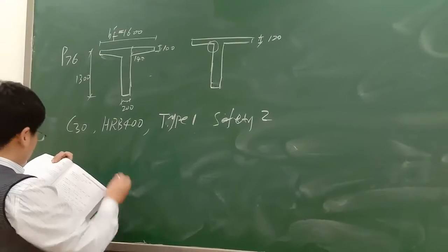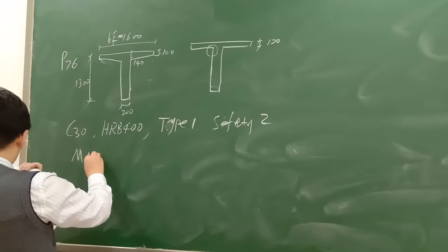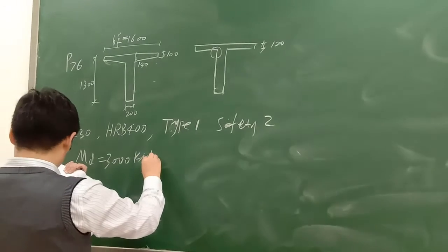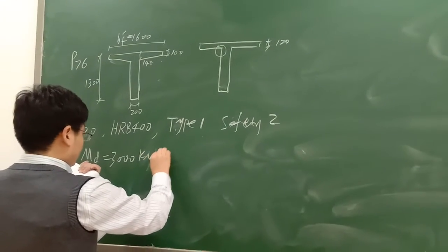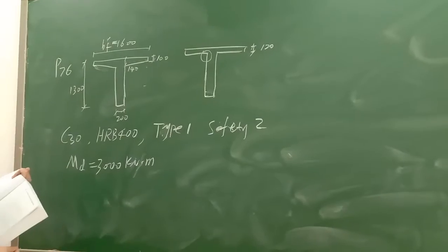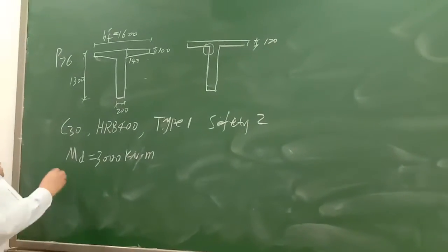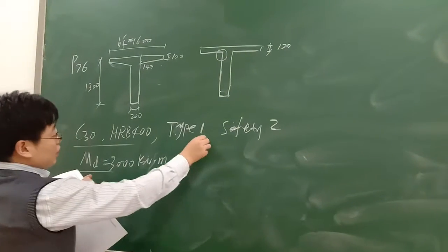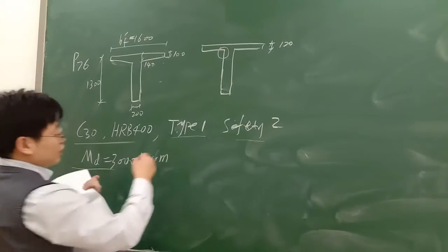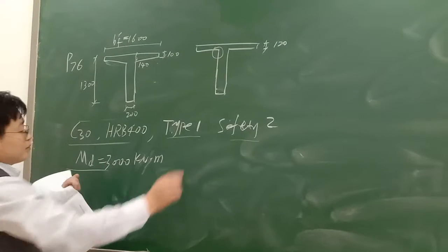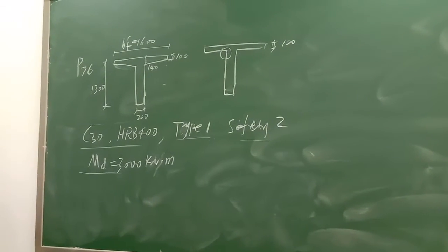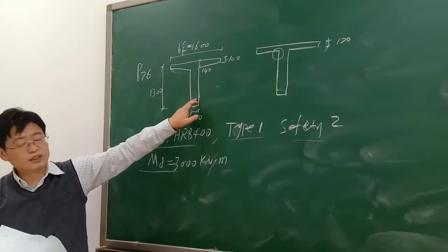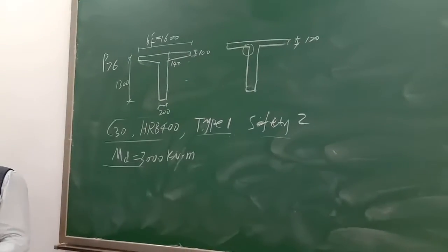The combination moment Md equals 3000. So that's all the conditions given to you: the force, the material, the environment condition, the safety condition, and the dimension. We are asked to determine the reinforcement and check.